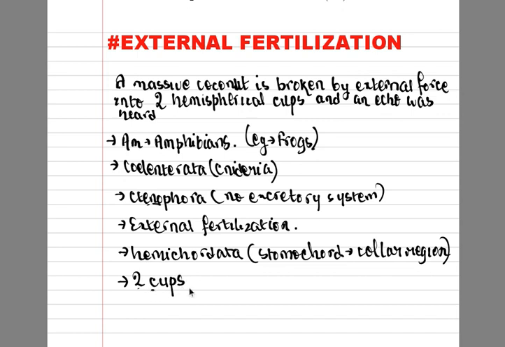Two cups are formed, so there are two C's. The first C is Cyclostomata, that is the jawless chordates as seen under the superclass Agnatha, under chordates.